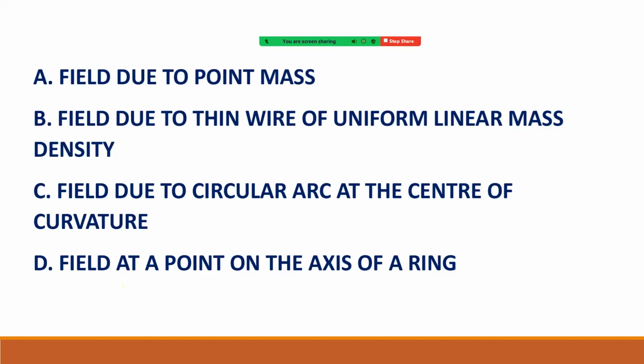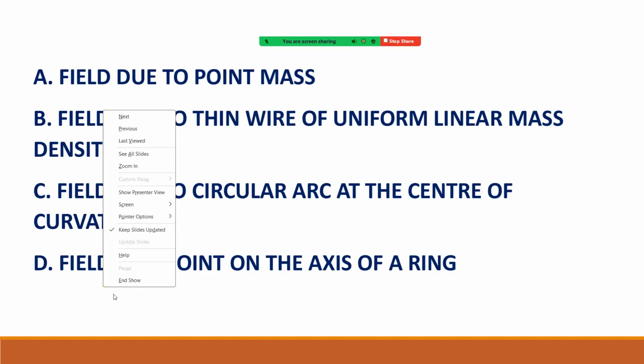Field at a point on the axis of a ring. Let us see the last one. Field at a point on the axis of a ring. So first we are taking one ring.